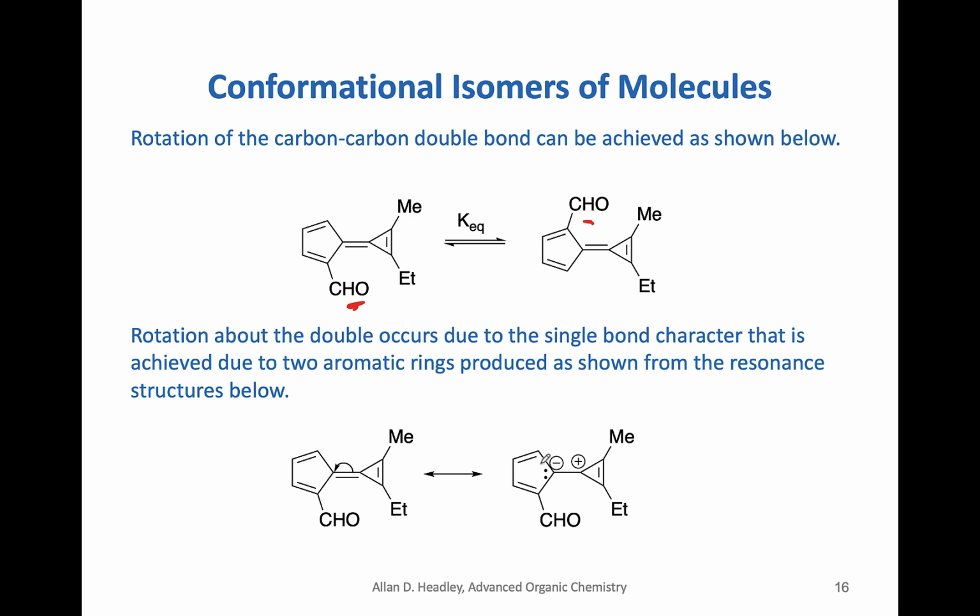So this is aromatic. Here we have 2 electrons in a ring, so that also meets Huckel requirement for aromaticity. So we have 2 aromatic rings. So as you can imagine now, rotation around this bond is fairly easy because of the resonance structures generating 2 stable ring systems here.